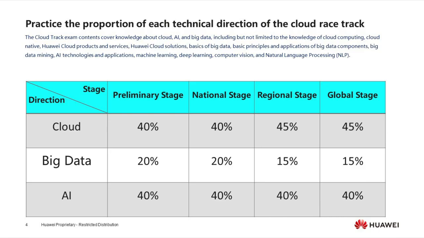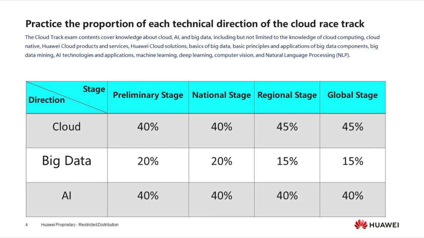Okay, so in the preliminary stage, cloud is 40%, big data is 20%, and AI is 40%. It stays the same in the national stage, while in the regional stage, the cloud will increase, and it remains the same in the global stage, while big data would decrease a little bit.